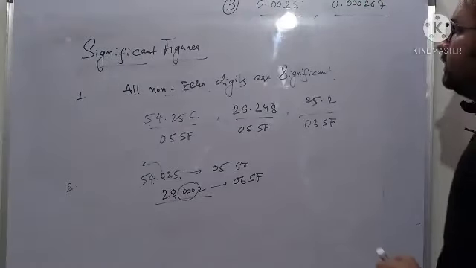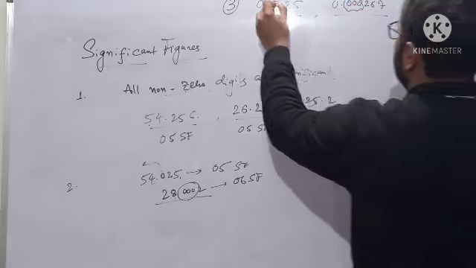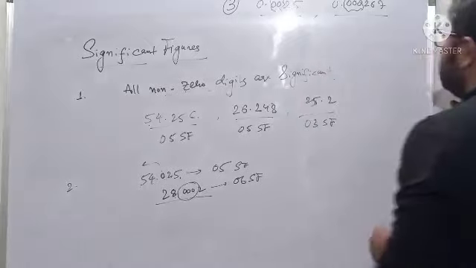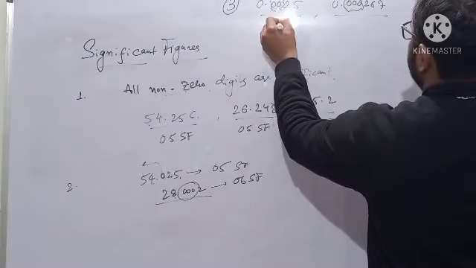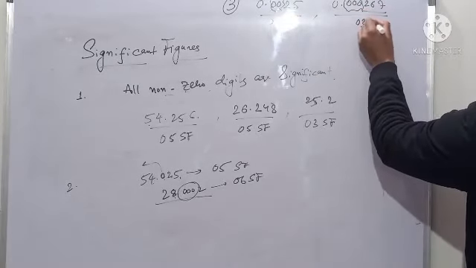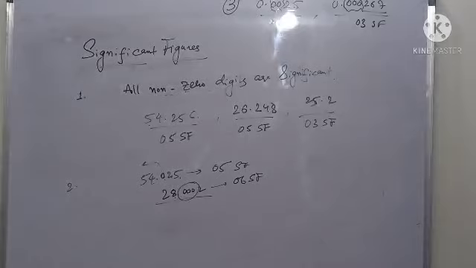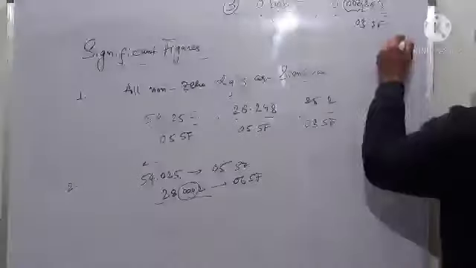So these zeros are insignificant. This is rule number 3. These zeros have not to be counted, and they are insignificant. So in this case, we will have only 2 significant figures, and in this case, we will have only 3 significant figures. This is my rule number 3. Okay.